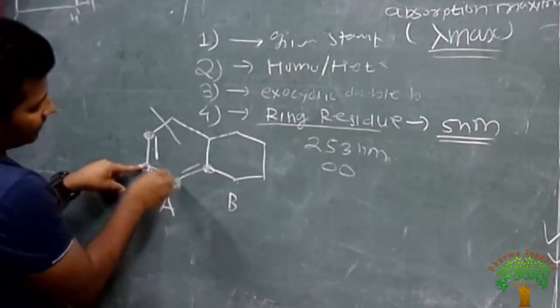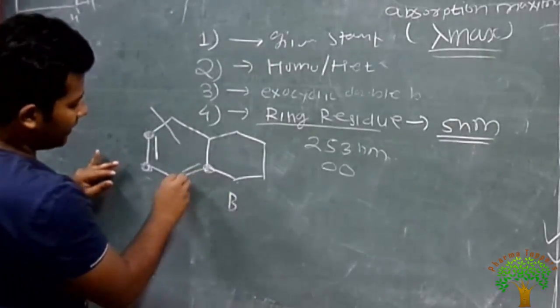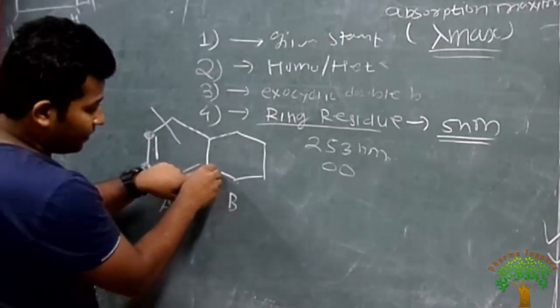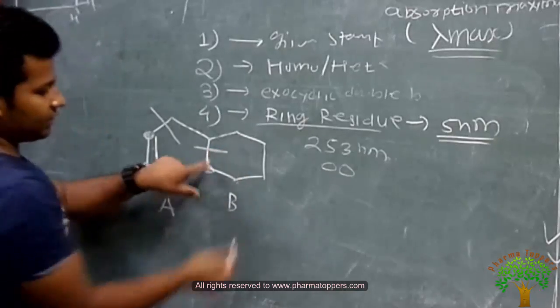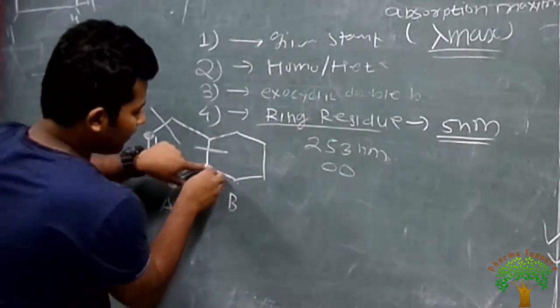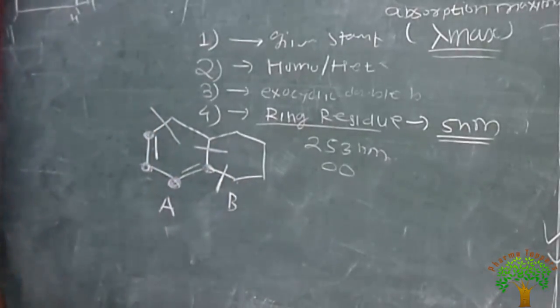Here is conjugation, here is conjugation, so there is no ring residue. Here is also conjugation, no residue. But in front of this, there is no conjugation, so here is another ring residue. And in front of this, there is another ring residue.